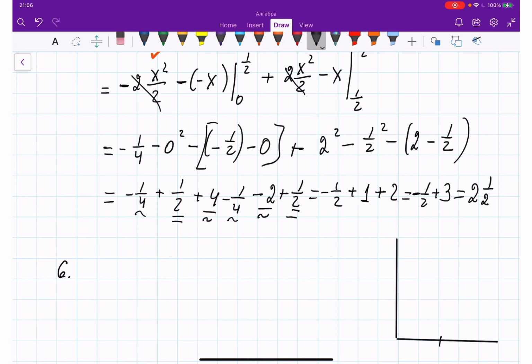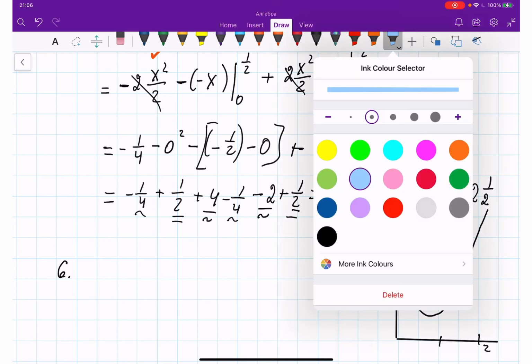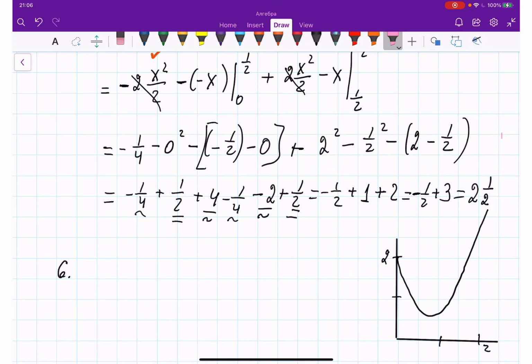This is 1, this is 2, this is 1, this is 2. We're going to go through 1, come here, and like this. Okay. No, this is 2. All right. So let's see, what do we have? We need to find the area under the region.